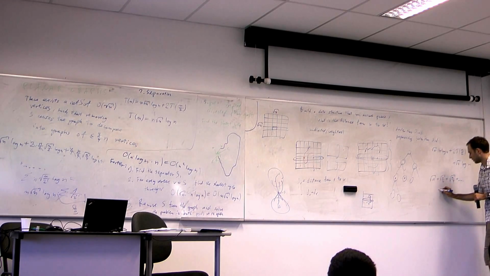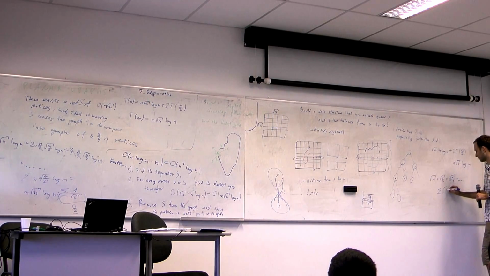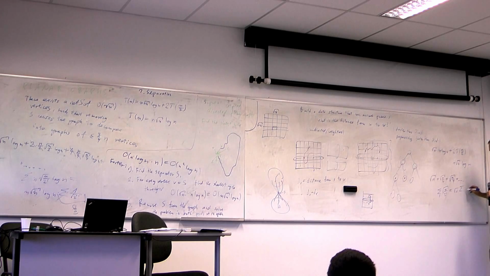So it's a sum of root n over 2 to the i, which is root n times the sum of 1 over root 2 to the i. This again converges, and this is root n.